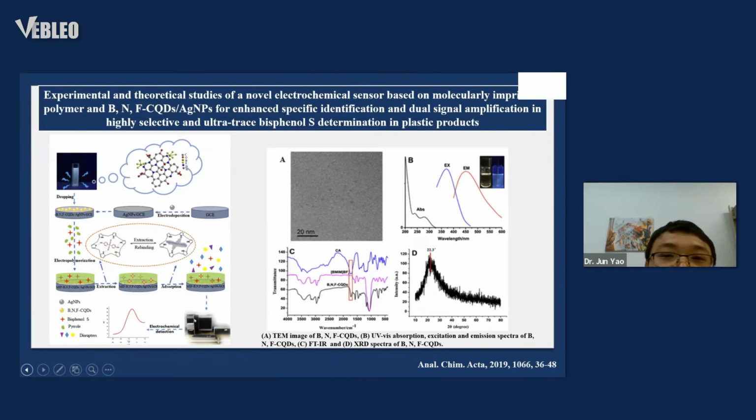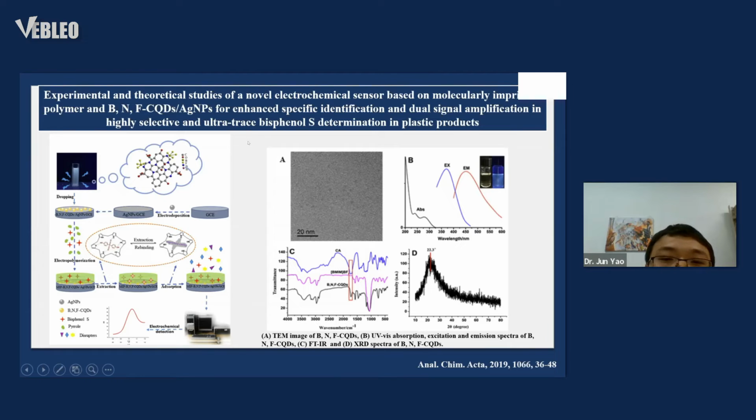We constructed boron nitride, fluorine, carbon quantum dots, and silver nanoparticles as dual amplification signal, which can significantly enhance the sensitivity of the sensor.